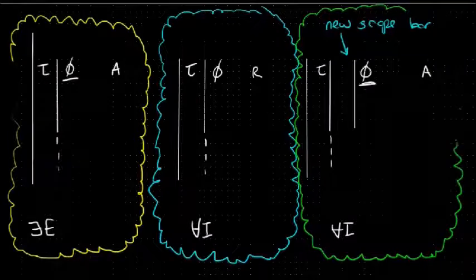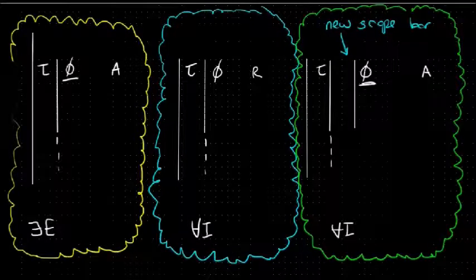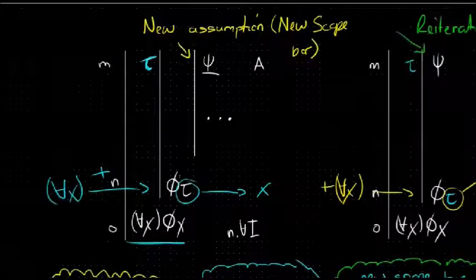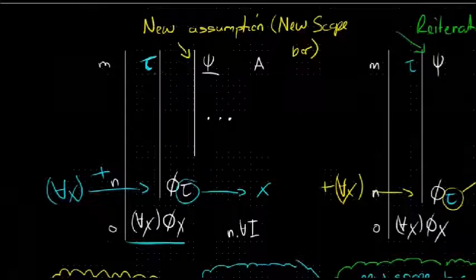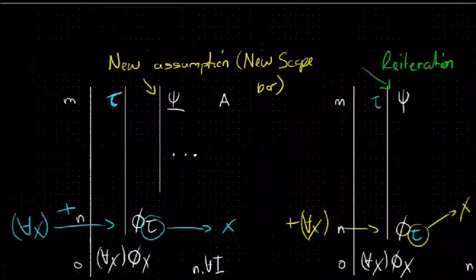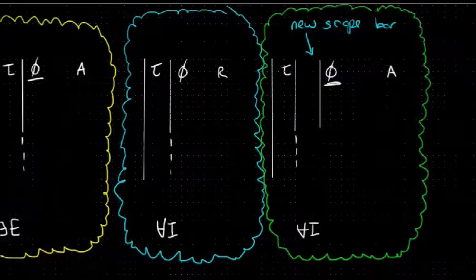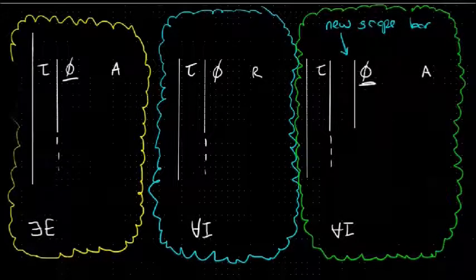An existential elimination ends with the exact formula that we're trying to derive, whereas for a universal introduction, we need to end with a formula that's got the parameter in it for the bar we're on, and then we swap out that parameter and add on a universal quantifier.